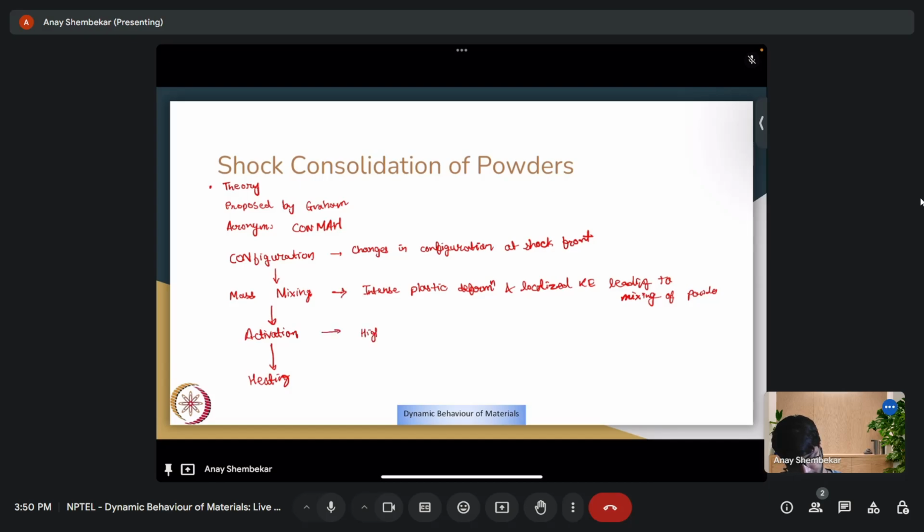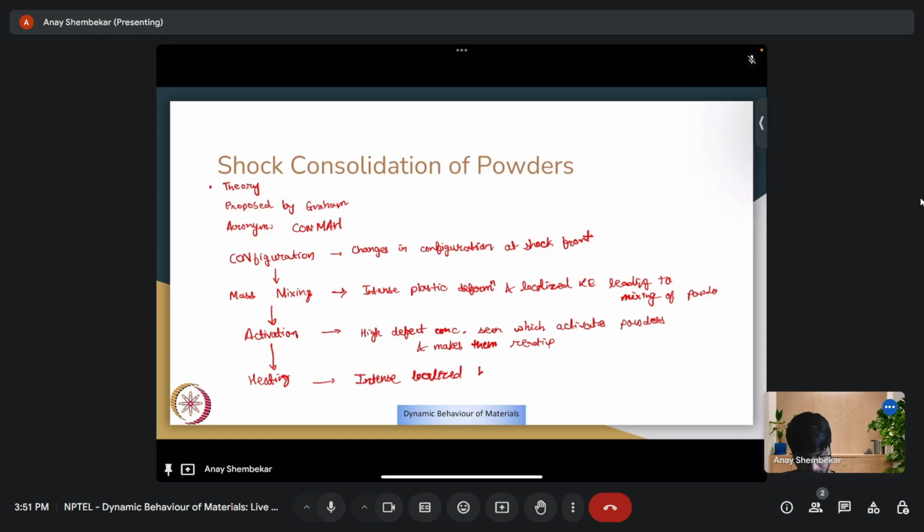A high defect concentration is seen, which activates powders and makes them more reactive. Finally, you have heating, referring to intense localized heating.